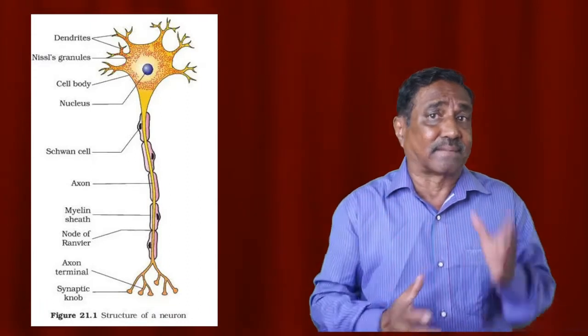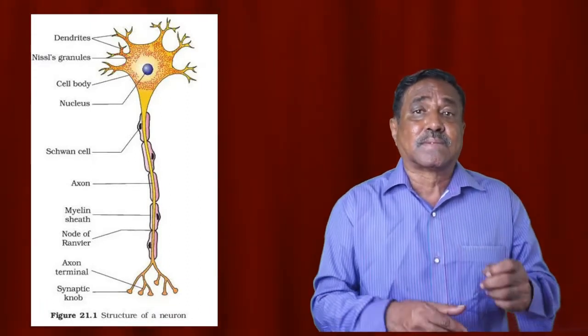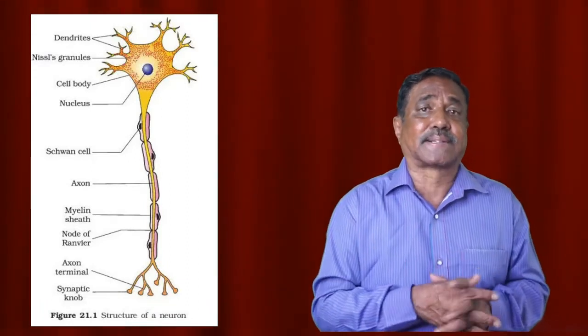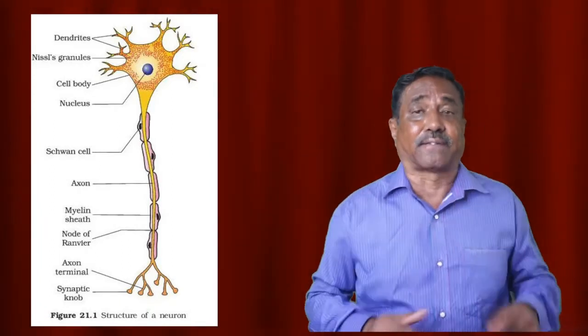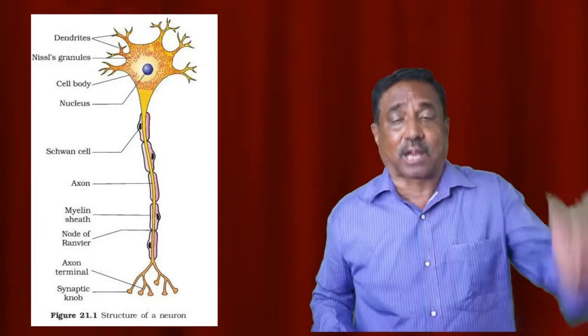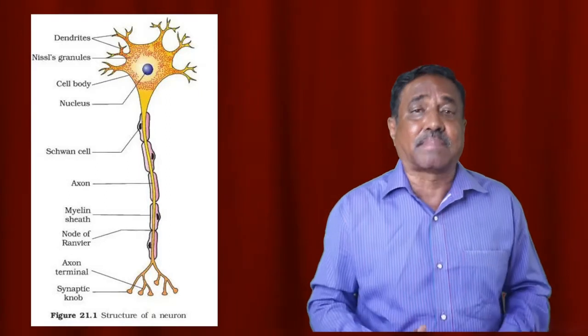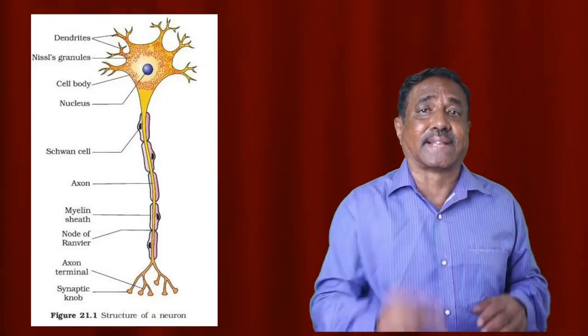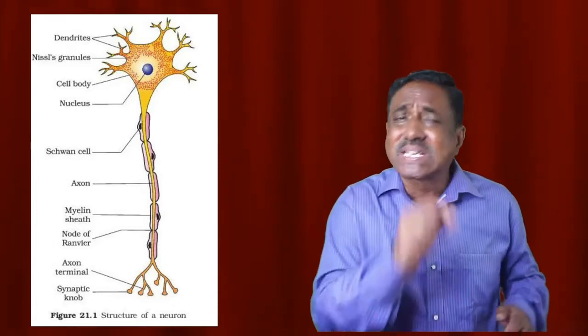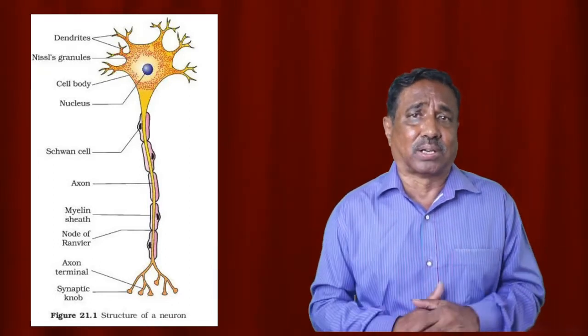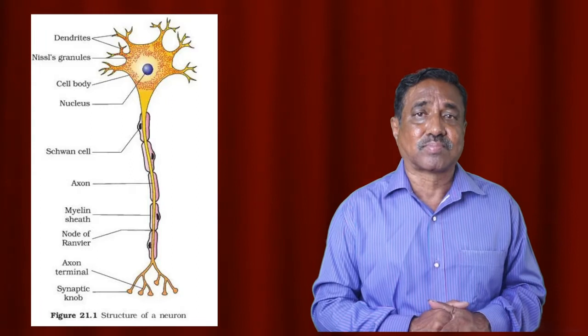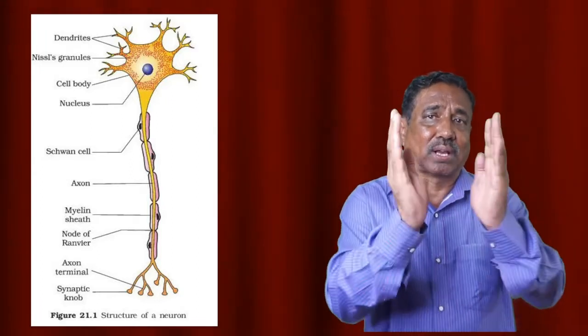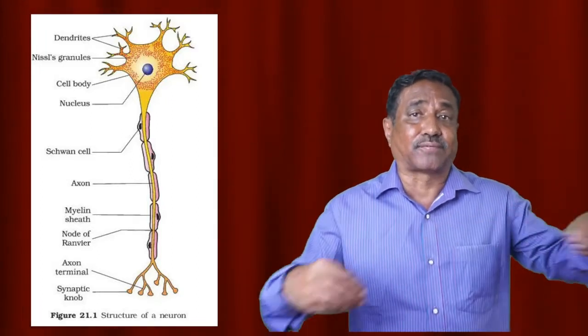Myelinated nerve fibers, which have a myelin sheath, are present in the central nervous system. Non-medullated fibers are present in the PNS, that is the SNS, somatic nervous system, as well as the autonomic nervous system.